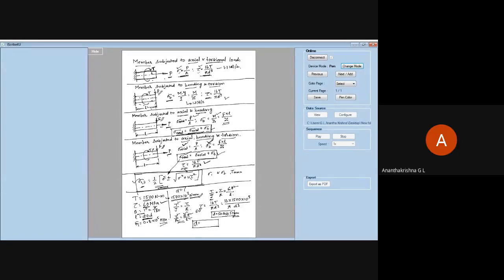Tell me, Siddharth. Sir, in the denominator, R is equal to D by 2 and L is equal to 20D. D gets cancelled, no, sir? So how can we find D from the equation? In such a case, take out tau by R and use T by J. You mean T by J is equal to G theta by L?